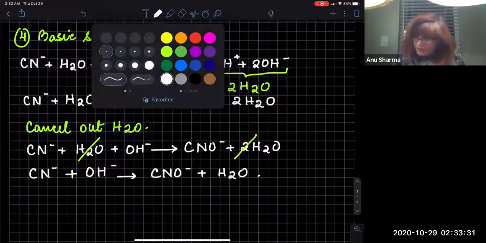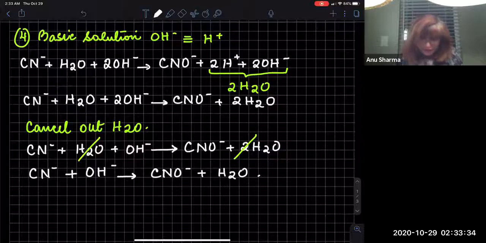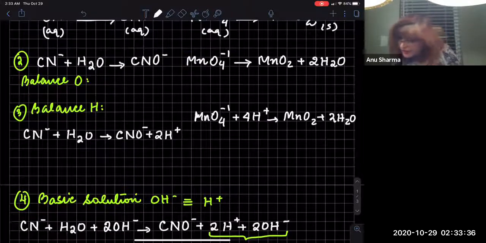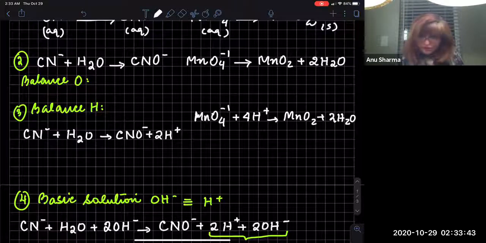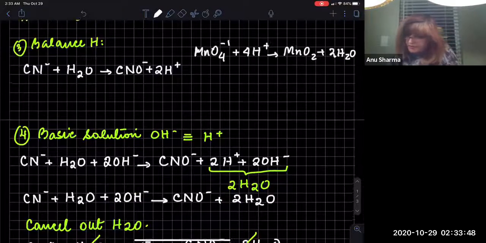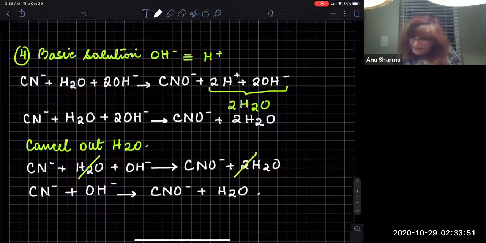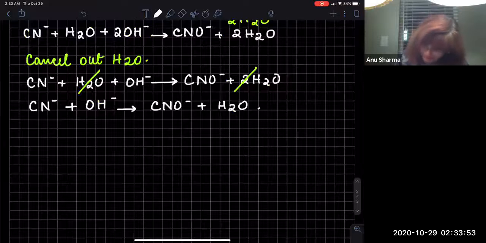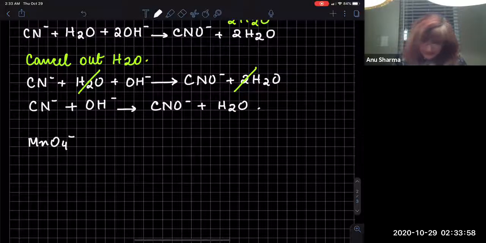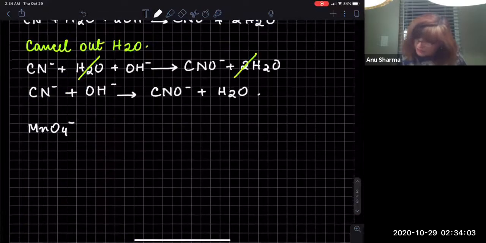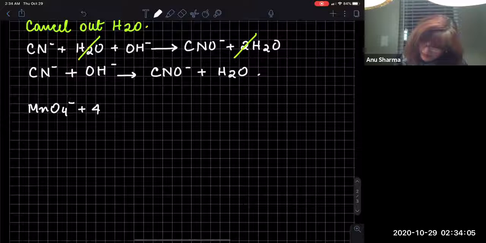Now we are going to look at the situation on the manganese side. What's happening here? Permanganate side. We have to add also the OH groups. So I'm going to bring this here because of space reasons. Let's write them down here. MnO4 1 negative, and we have 4 hydrogen ions plus 4 hydrogen ions.